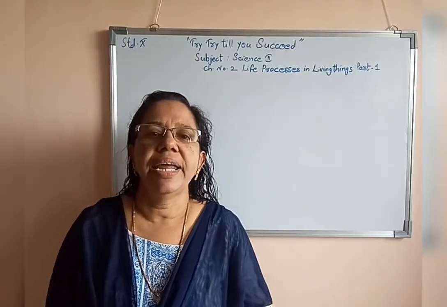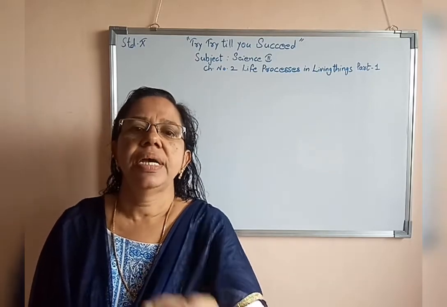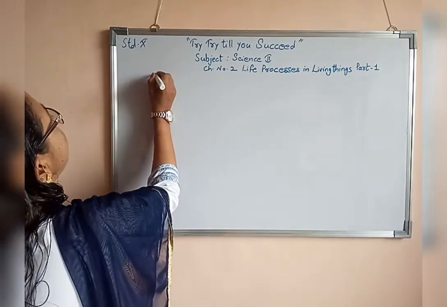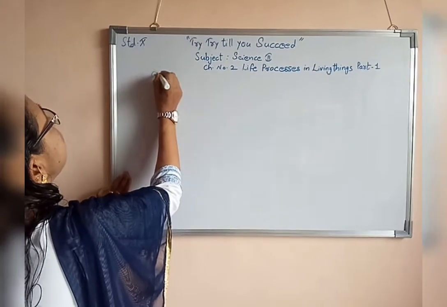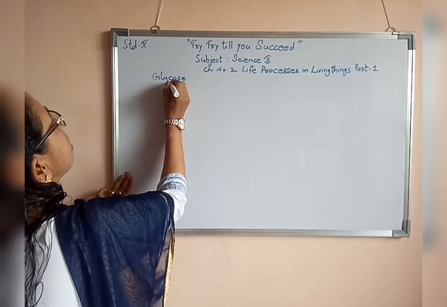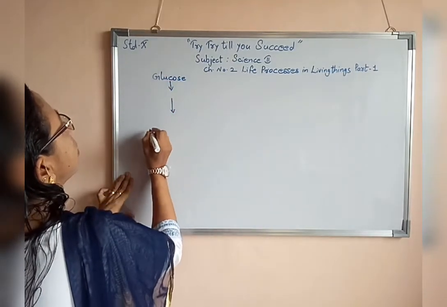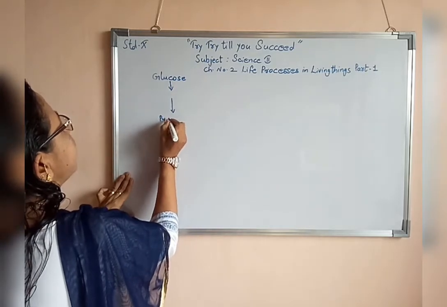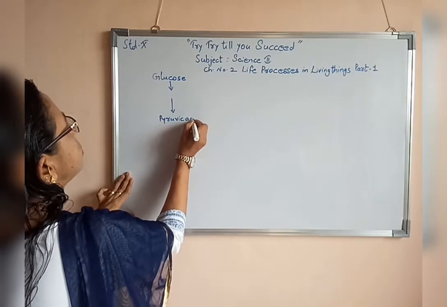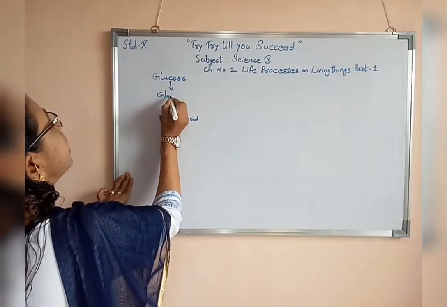Before studying anaerobic respiration, we will study the flow chart of aerobic respiration. Now, during aerobic respiration, glucose converts to pyruvic acid by glycolysis.